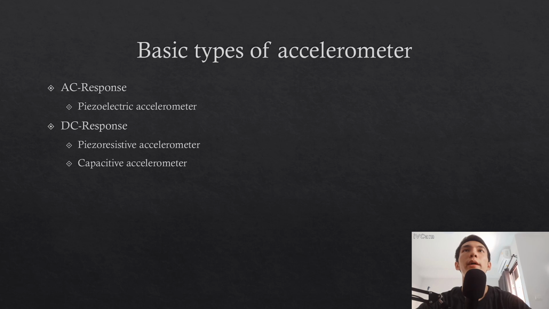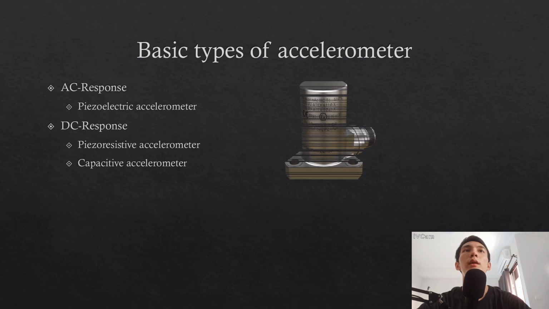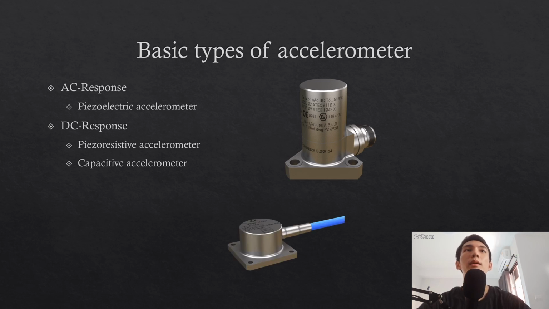For the basic types of accelerometer, the first one is the piezoelectric accelerometer, which is considered an AC response, with an output as an alternating current, and it is suitable for dynamic events. Next is the piezoresistive accelerometer, which is considered a DC response, with an output as a direct current. It can be used to measure static acceleration.